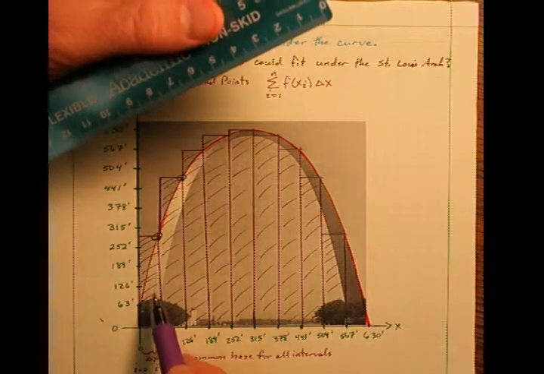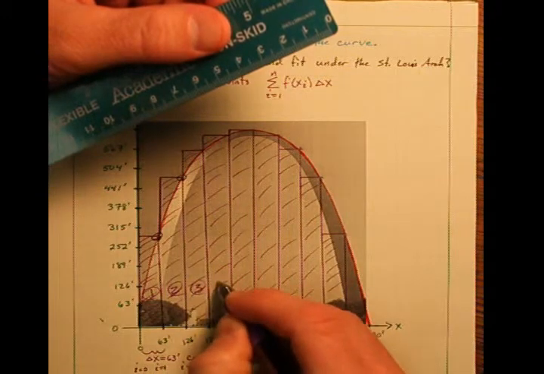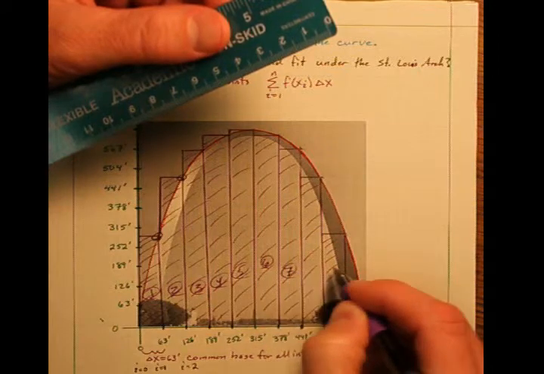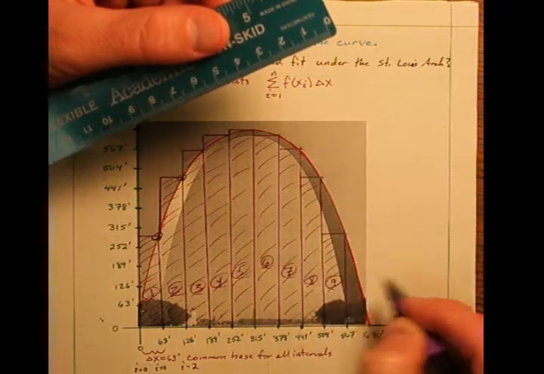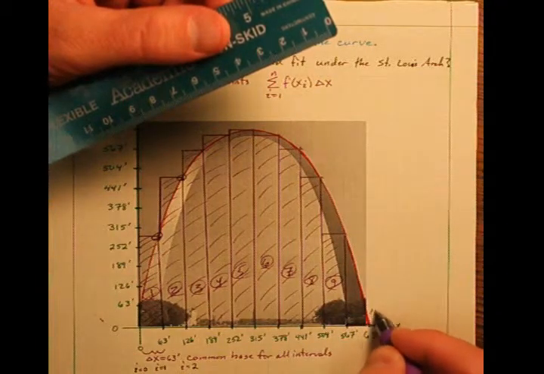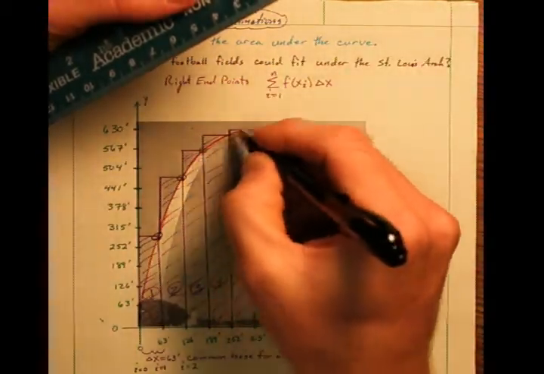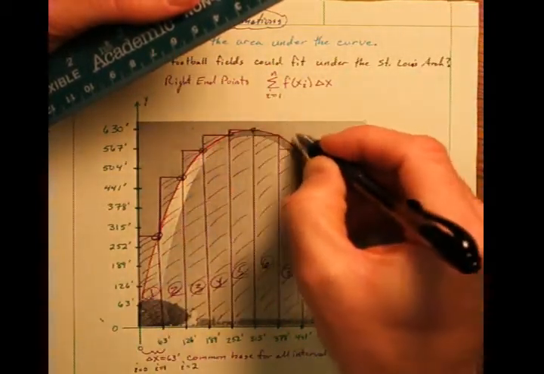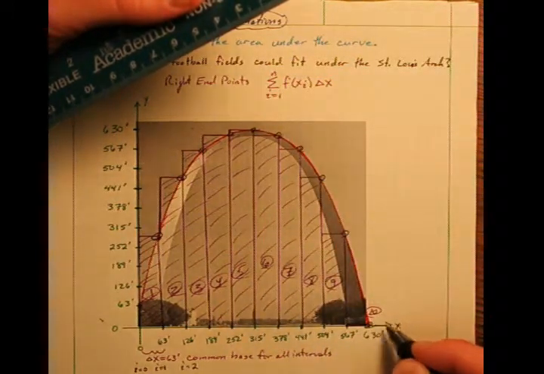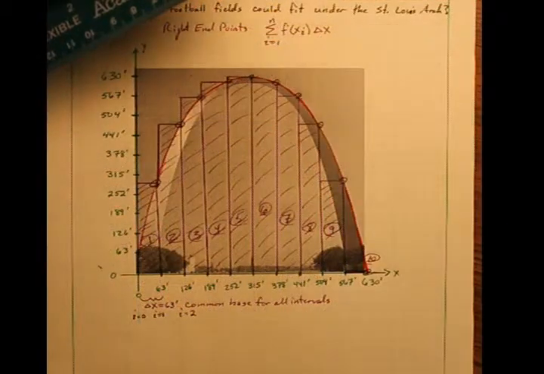So far I have 1, 2, 3, 4, 5, 6, 7, 8, 9 rectangles, and my last rectangle is just going to be this flat line here, my 10th rectangle, because the right endpoints are what's touching the curve. This last right endpoint touches at the x-axis, so it's a flat line and will have no area.